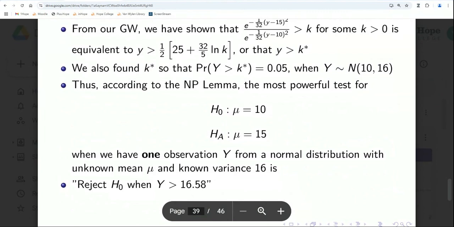So the test makes a lot of sense, right? The only thing the trade class doesn't understand is the definition of type 2 error. Type 2 error is when I decided not to reject the null, and that happens if the y I see is less than this and the alternative is true. Then you standardize the answer. All right. Okay, so that I think catches us up.